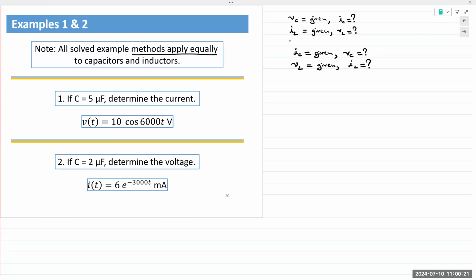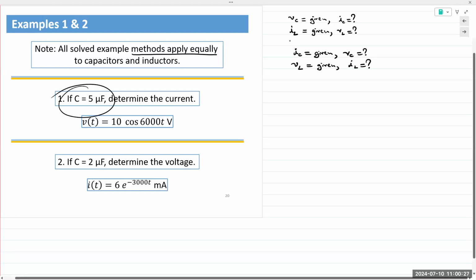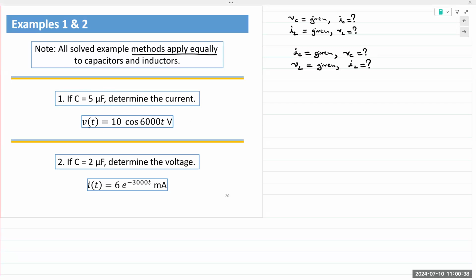Okay, we are simply doing a mathematical calculation. So in example 1, we are given a capacitor of 5 microfarads. We are asked to find the current. The voltage is given by this mathematical equation. Okay, so example 1.